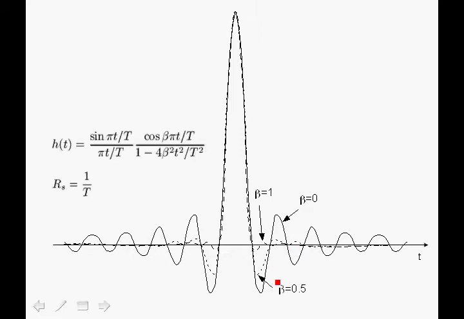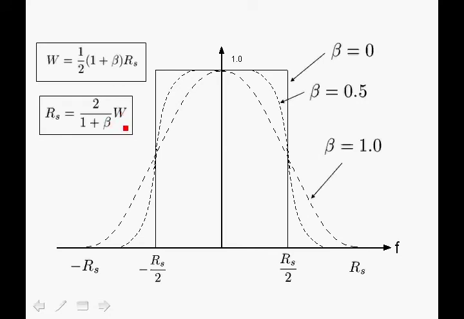So for the case where beta equals a half, or we have 50% excess bandwidth, then compared to the case where beta equals 1, we have more significant potential for intersymbol interference, but we get a higher throughput. In the extreme case where beta equals 0, the throughput is actually twice the bandwidth. The symbol rate is twice the bandwidth.